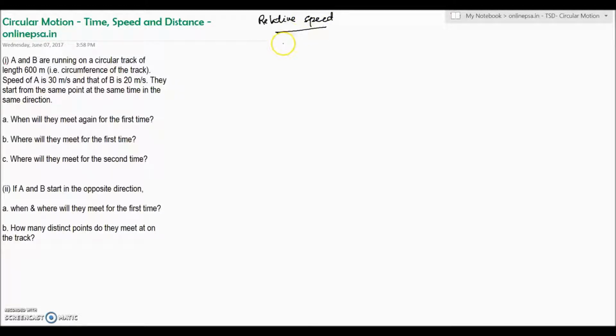So while doing the problems for the linear tracks, we had understood that if both A and B, say two people who are walking on a straight line, call it a track or a distance to be traveled, are going in the same direction, their relative speed will be the difference between the speeds, right? And if they happen to start in opposite directions, their relative speeds will be adding up, right?